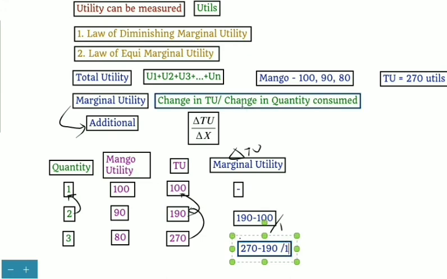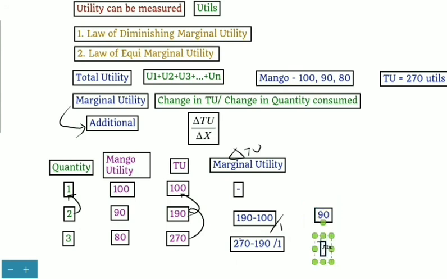So it will give 90 and 80 respectively. So the marginal utility is the change in total utility due to the change in quantity consumed. When we increase one quantity, how much the total utility has changed gives the term marginal utility.